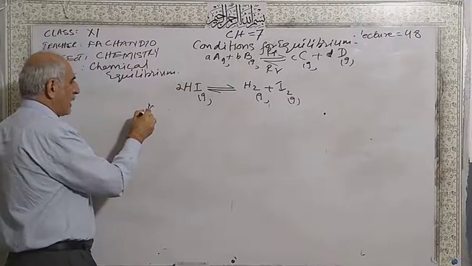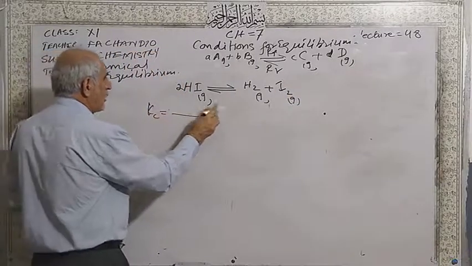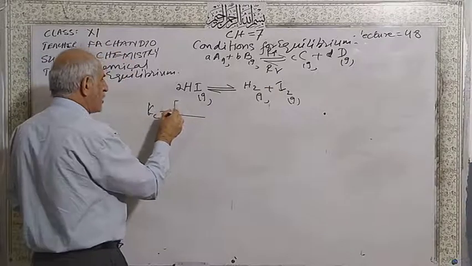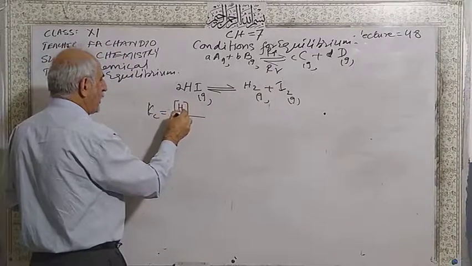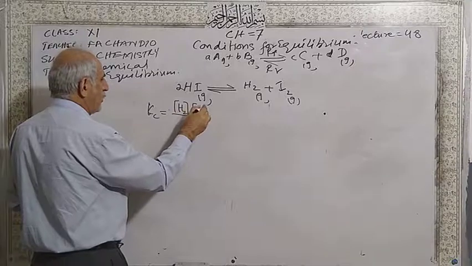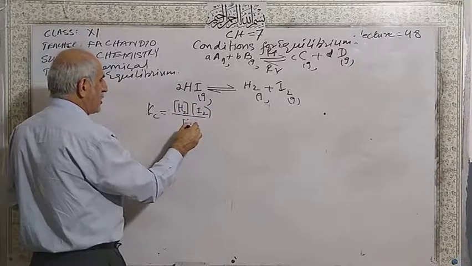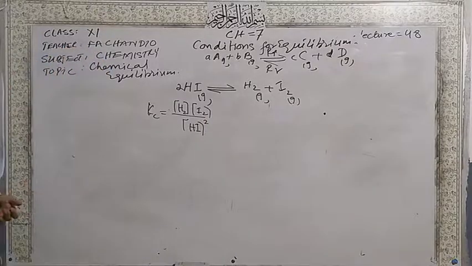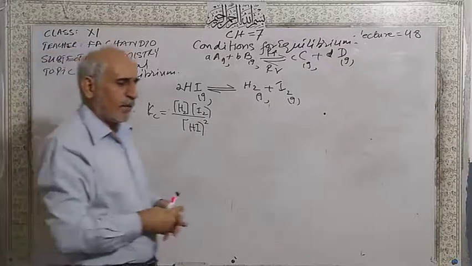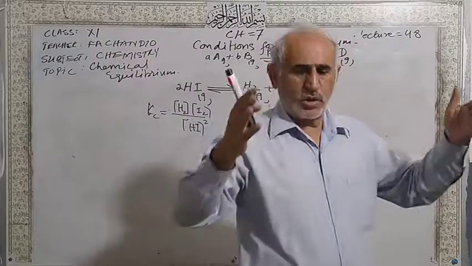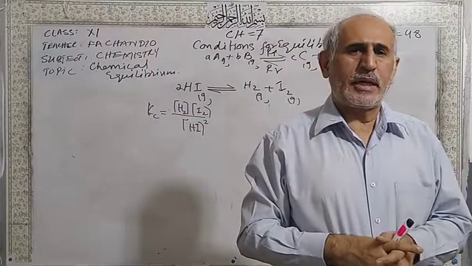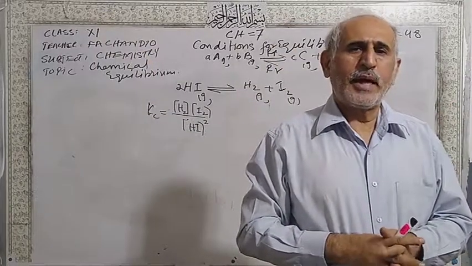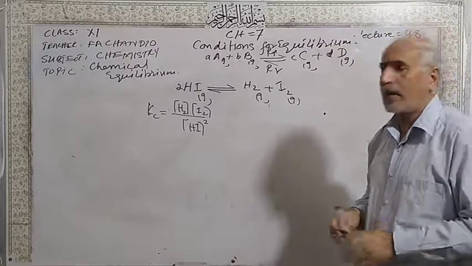Okay? So the equilibrium constant Kc is equal to the concentration of products on the numerator side over the concentration of reactants on the denominator side. This is the value of Kc. So dear students, when the number of moles on both sides is equal, then Kc has no unit.